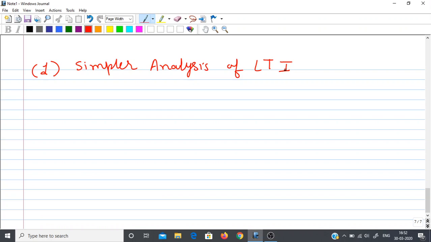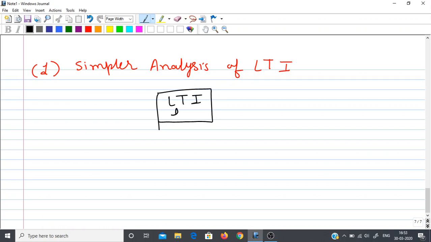So when you take transforms of the signal, the analysis of a linear time invariant system becomes simpler. How does the analysis become simpler when we take transform? Consider an LTI system, let's say this box represents an LTI system.